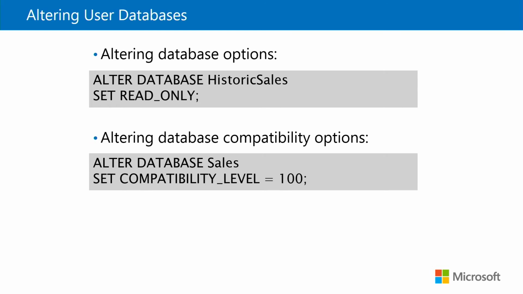We specify the option using the SET parameter. If we wanted to alter the compatibility level of a database, we would say ALTER DATABASE, the name of the database, SET COMPATIBILITY_LEVEL. Please note that all of these things are going to be based on a name with no spaces, so we have an underscore there, right? But we don't need quotes, right? Because it's a known property.